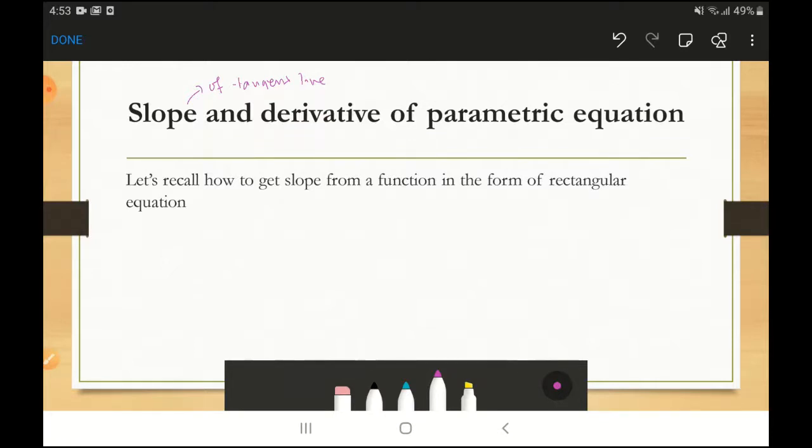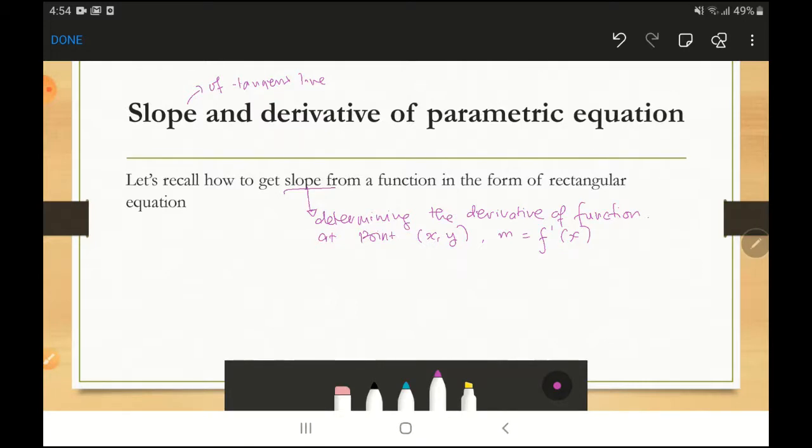So when we talk about slope here, we can do it by determining the derivative of a function at a certain point. Let's say we have a point (x, y), so the slope m is actually f prime of x, which is just the first derivative of the function, and we plug in the x of the point coordinate.